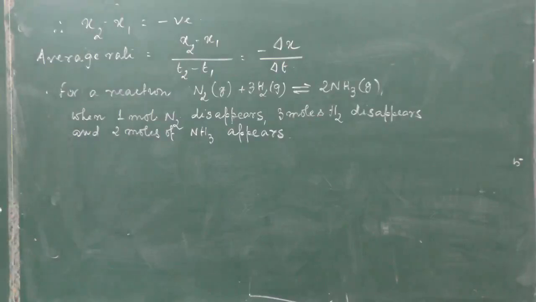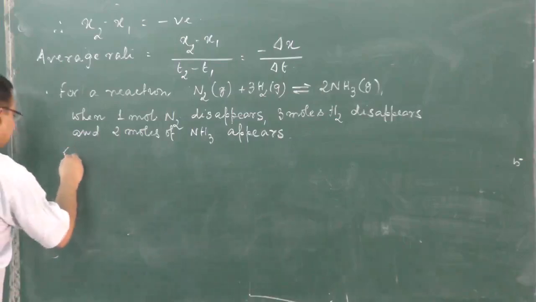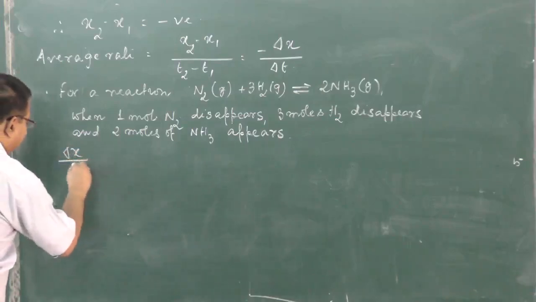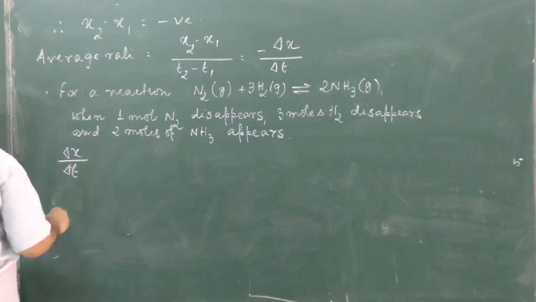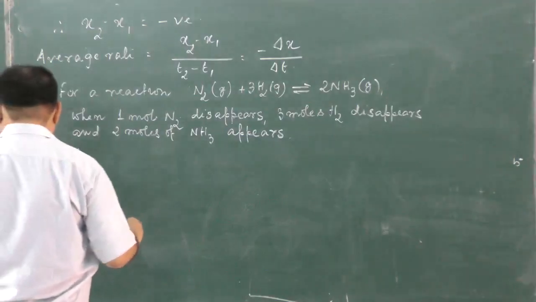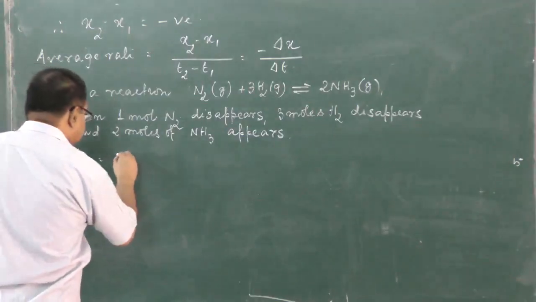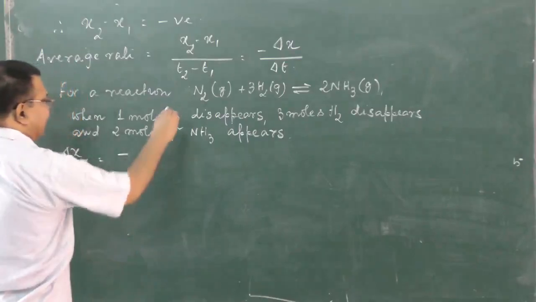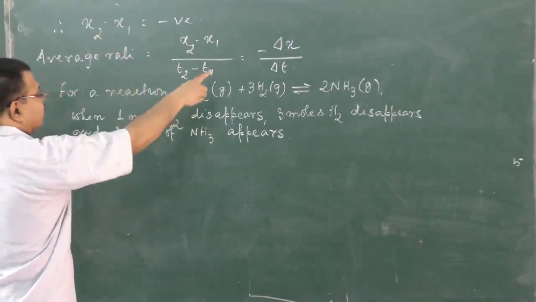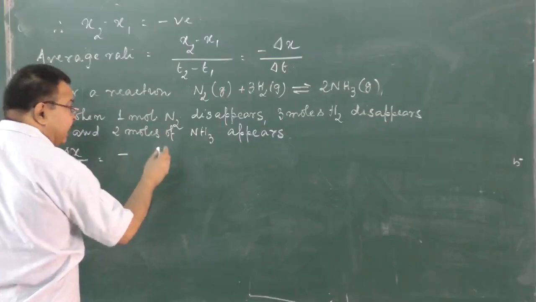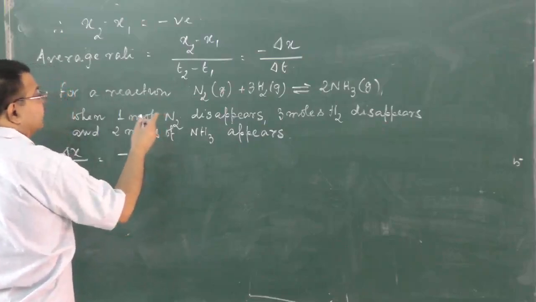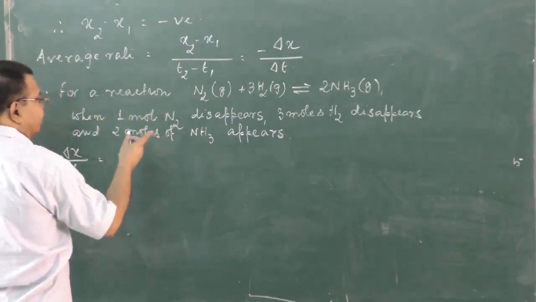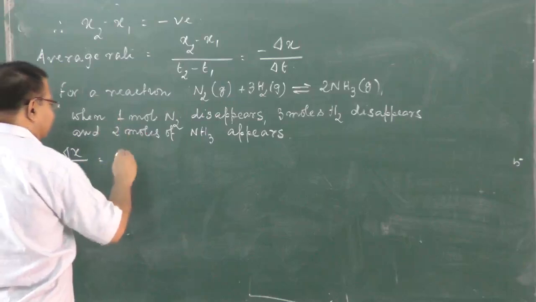So therefore we can write delta x by delta t as negative. Why negative? Because the reactants are disappearing. Negative means disappearance, positive means appearance.